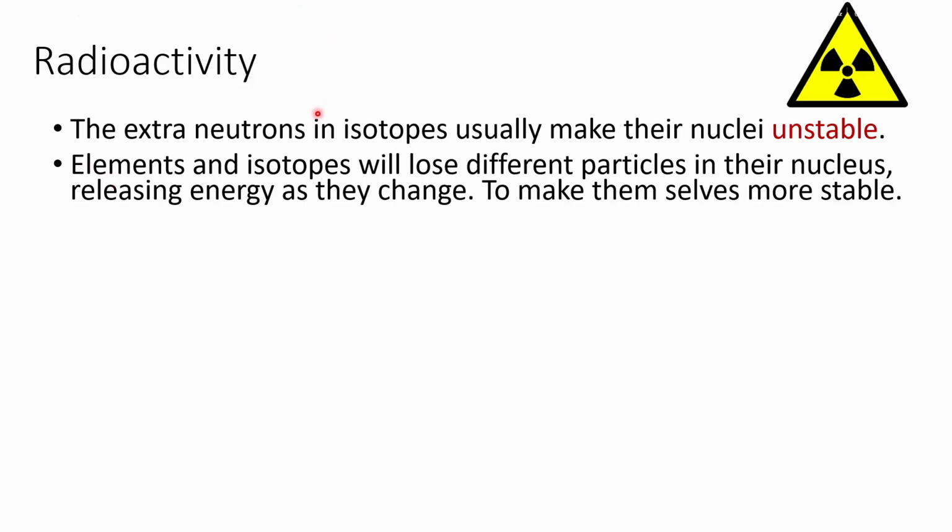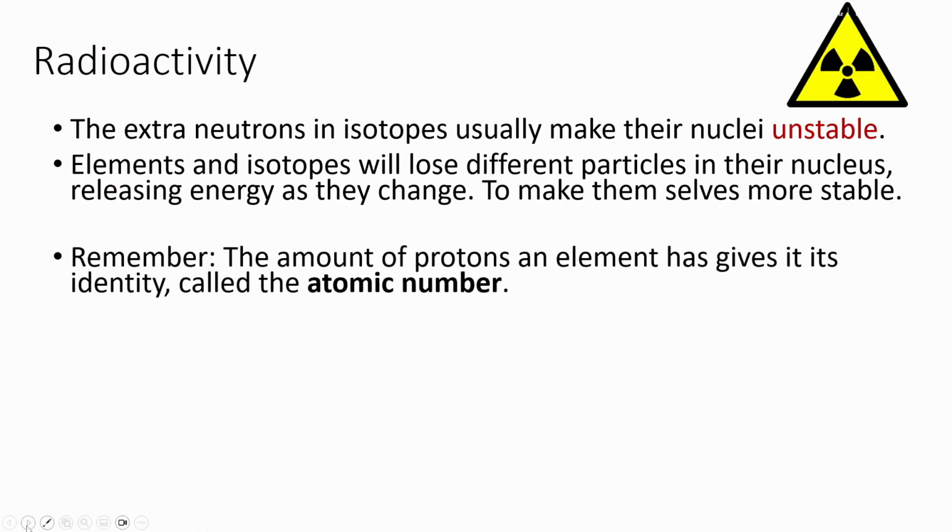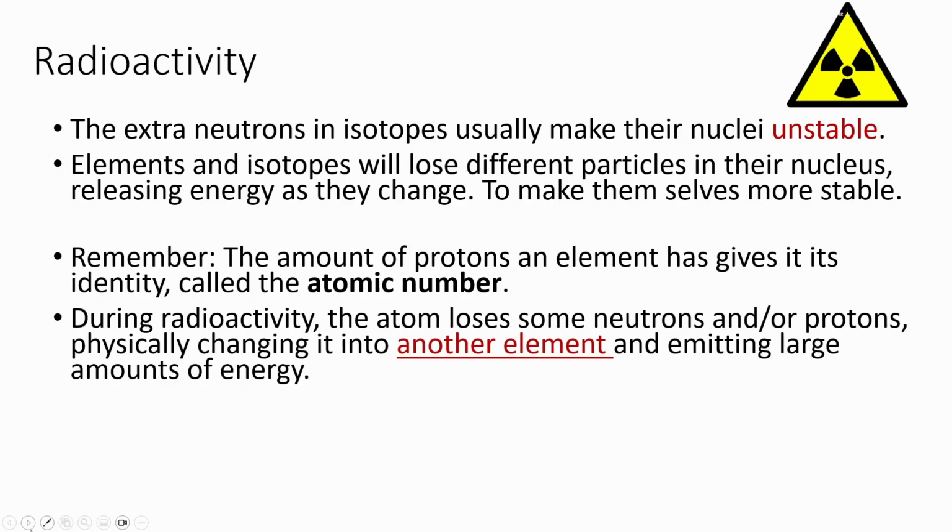This is where radioactivity comes from. So remember, the number of protons gives its identity. During radioactivity, atoms may lose neutrons and or protons, physically changing into another element, emitting large amounts of energy.